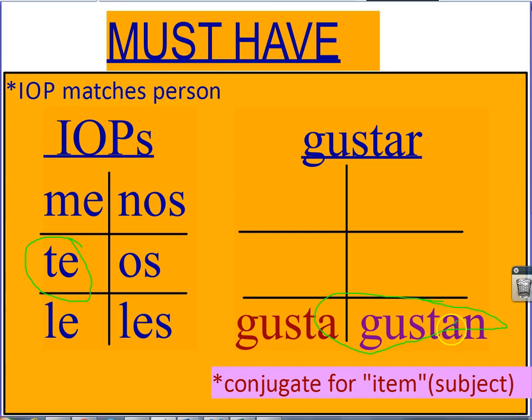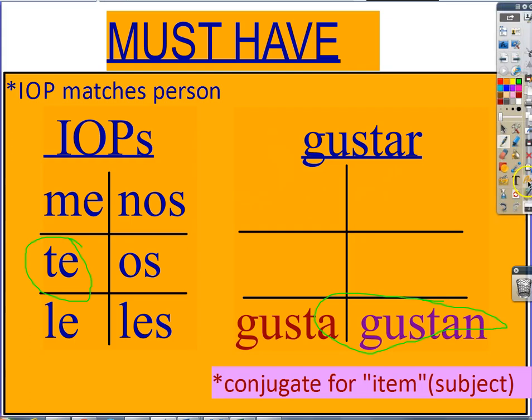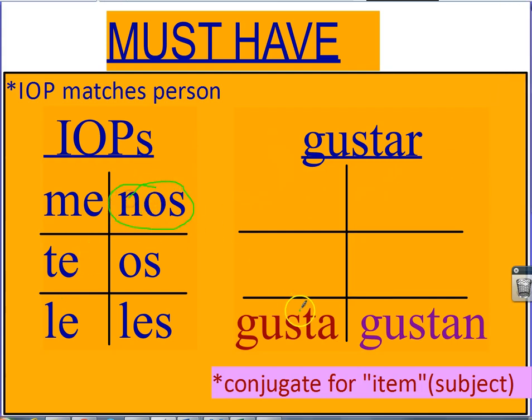They are pleasing to you, or you like them. That's how these verbs work. Let's try one more. If I had a sentence with just these two words, nos gusta, what would that mean? Well, my subject is probably it is pleasing to us.